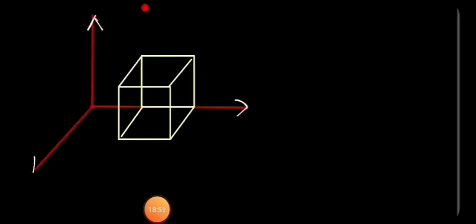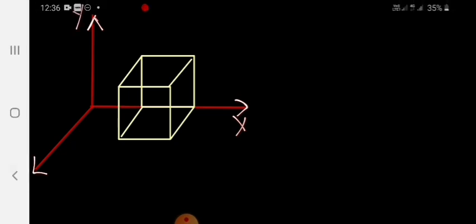Let's solve another problem. There is a coordinate system given. We have considered a cubical surface, with the x-axis, y-axis and z-axis. These coordinates are given: one is x equal to 3 meters, and the other is x equal to 5 meters, suppose. So these two x coordinates are given to us, and it's a square surface, so the length of the square we can calculate as 2 meters.